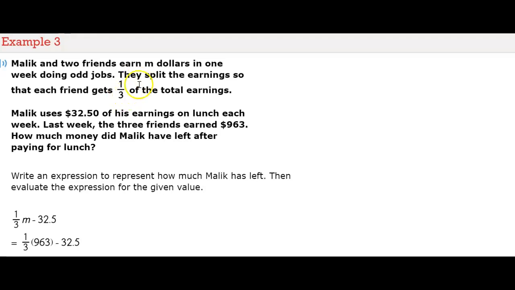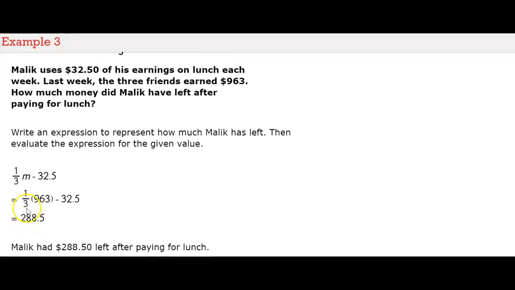That's why it's 1/3, because it's 3 of them. So they took 1/3 times M, which is going to represent the money, minus the $32.50. So for Malik, he had $32.50 that he used on lunch every week. So we're going to subtract that from the earnings.